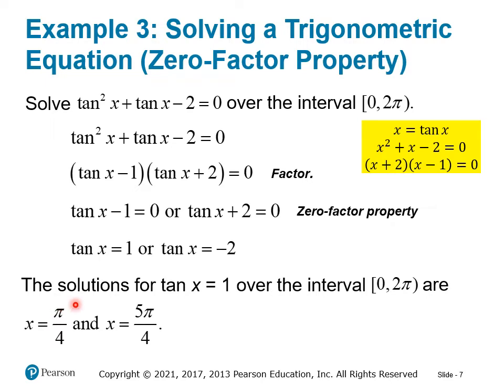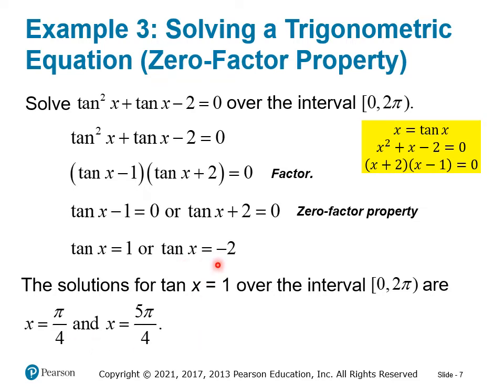These are the places where sine and cosine are equal, because tangent equals sine over cosine. So in order for this to equal 1, their values have to be the same. Okay, we already did this in the last problem, but we did it in degrees, not radians.